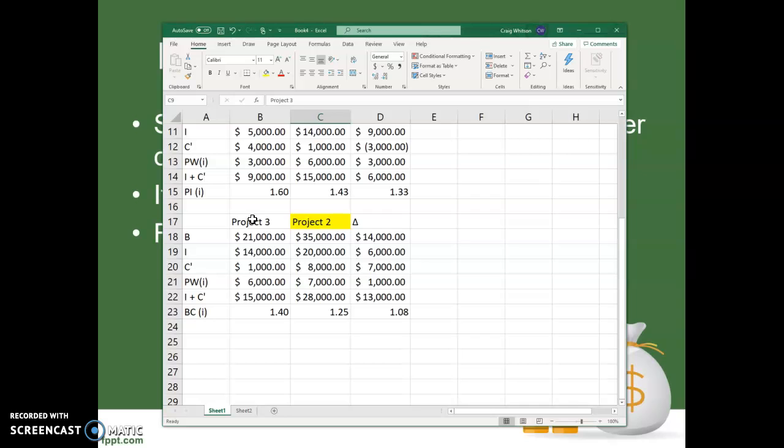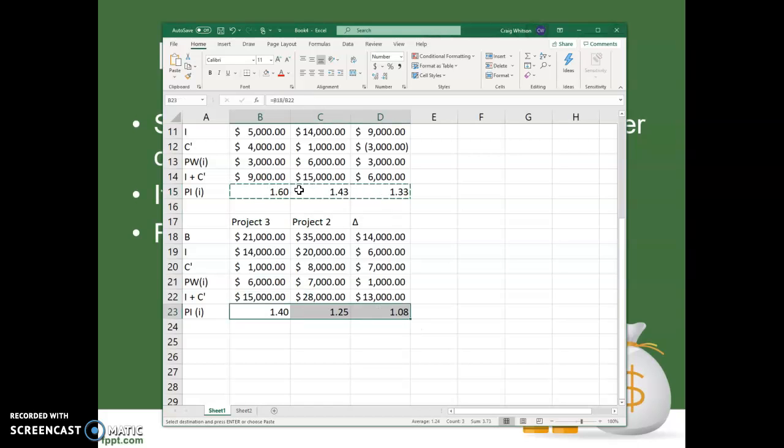So we come down here and take project 3 and compare it to project 2. When we used benefit-cost ratio, we found project 2 was the winner. We should come up with the same result, but let's verify those results. Instead of calculating benefit-cost ratio, I'm going to calculate profitability index.